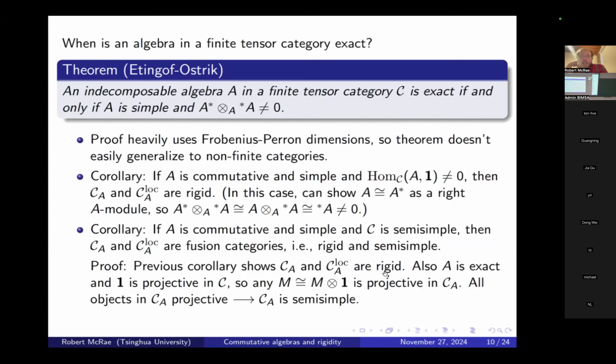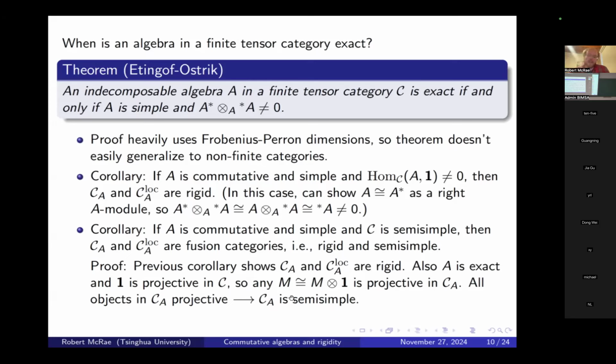So you get the rigidity, and then you also want CA and CA loc to be semi-simple. And that's easy because the definition of exact algebra is simply that if you take any object of your CA category and you tensor it with a projective object of C, then you get a projective object in CA. So in a semi-simple category, the unit is projective, so that tells us that every M is projective in CA.